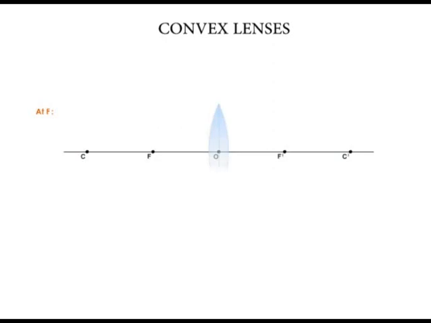An object positioned at F. We proceed normally. A ray parallel to the principal axis passes through F after refraction. Next, a ray through the optical center proceeds undeviated.